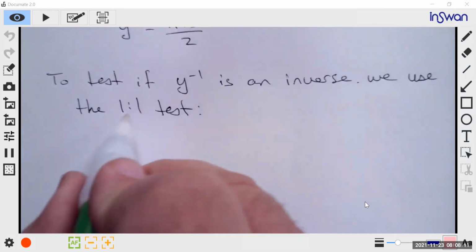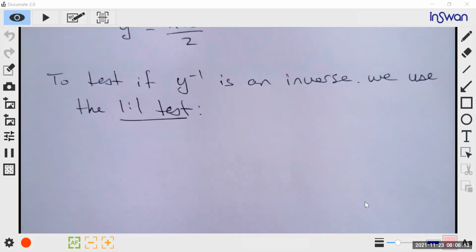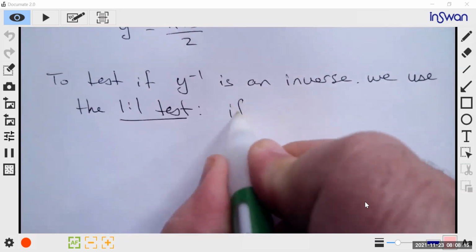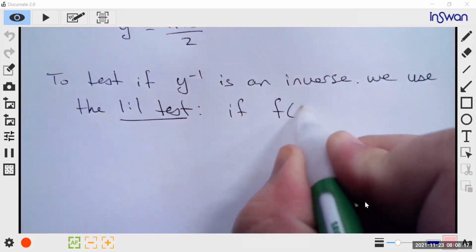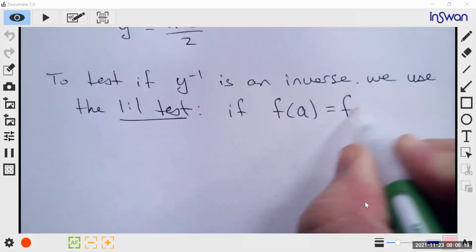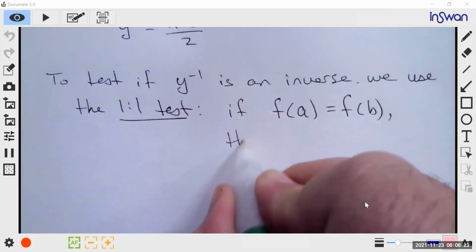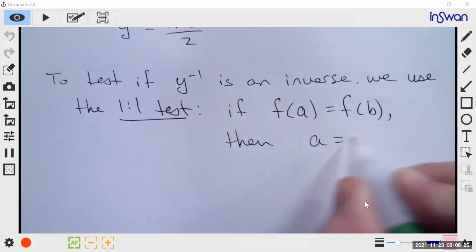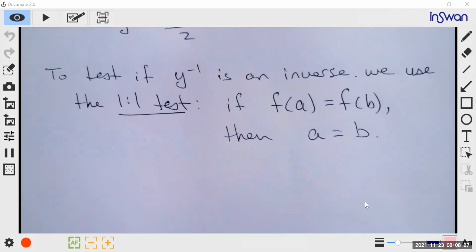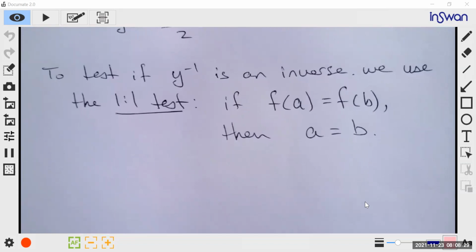The one-to-one test says this. If f of a equals f of b, then a equals b. That's the one-to-one test.